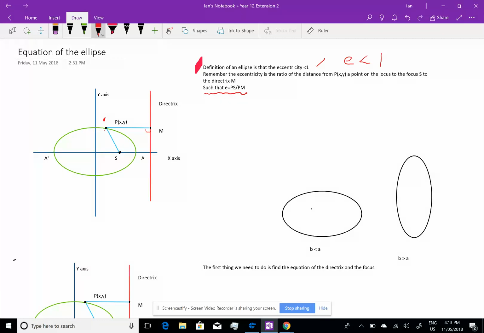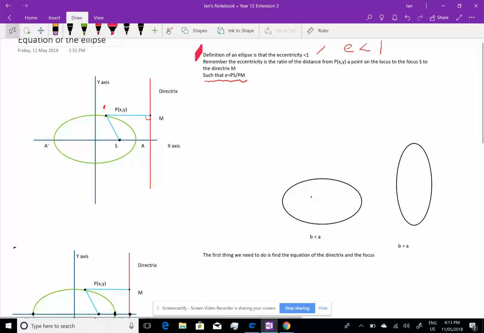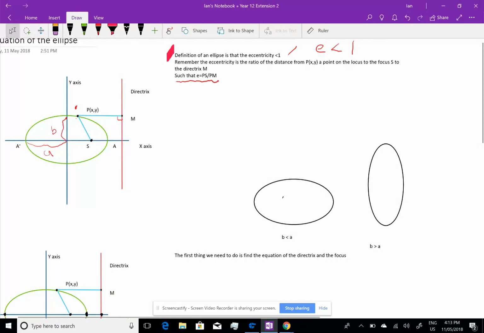Now, that's going to be our definition for all our conics now. And the only other thing we need to be aware of is that when we talk about an ellipse, this distance is a semi-minor axis, and that's B. And this distance is a semi-major axis, and that's the distance A. Now, if A is bigger than B over here, it's pretty obvious we get that sort of ellipse.